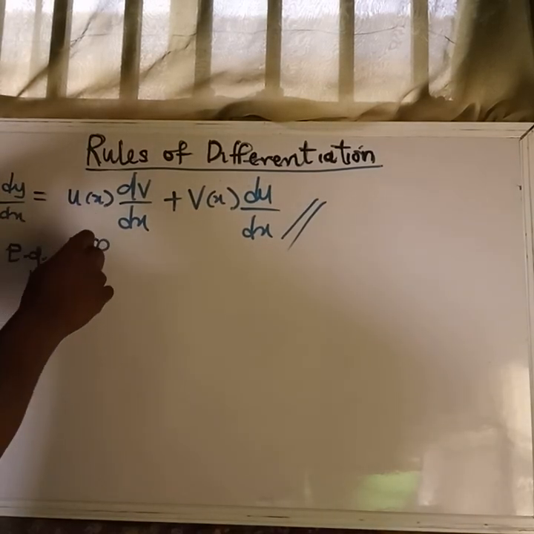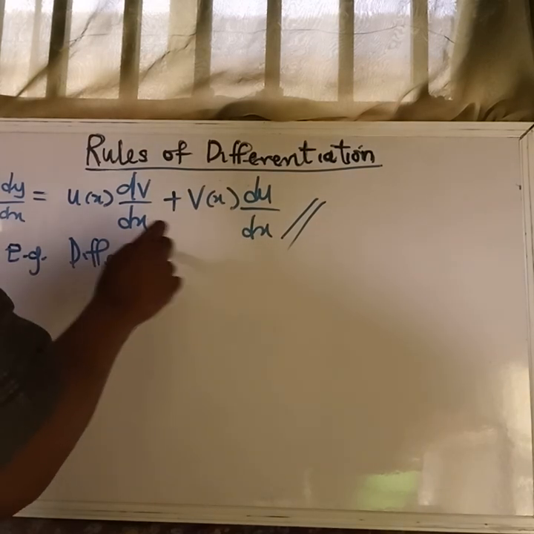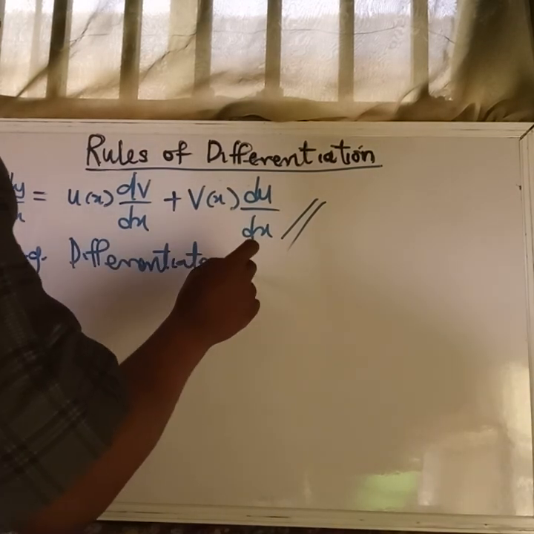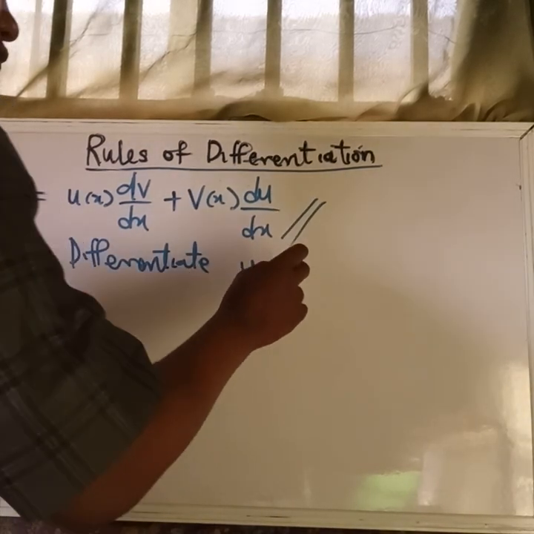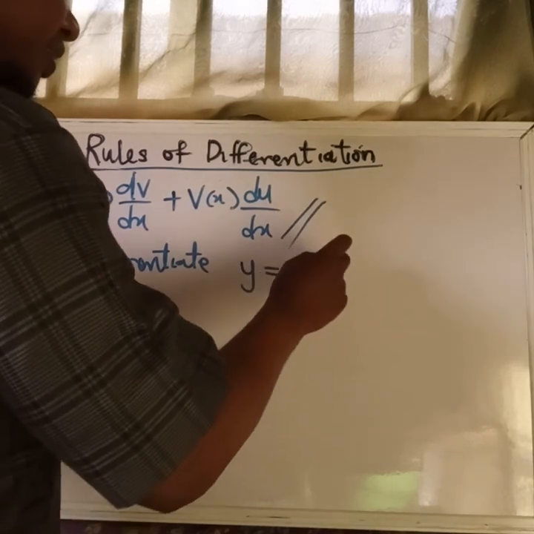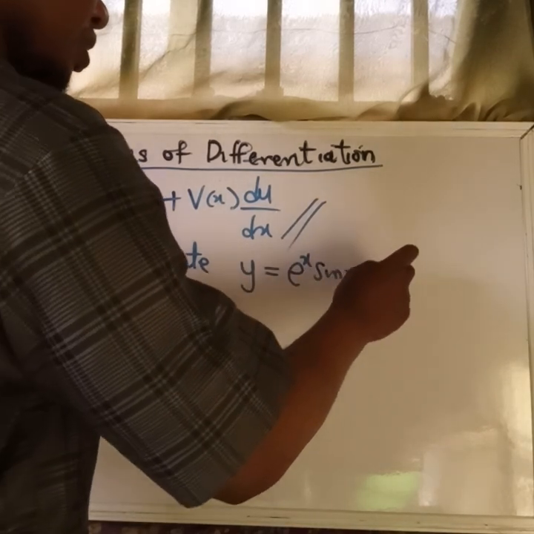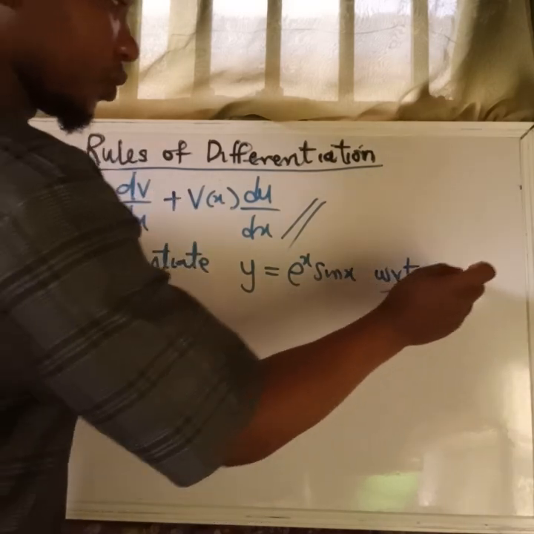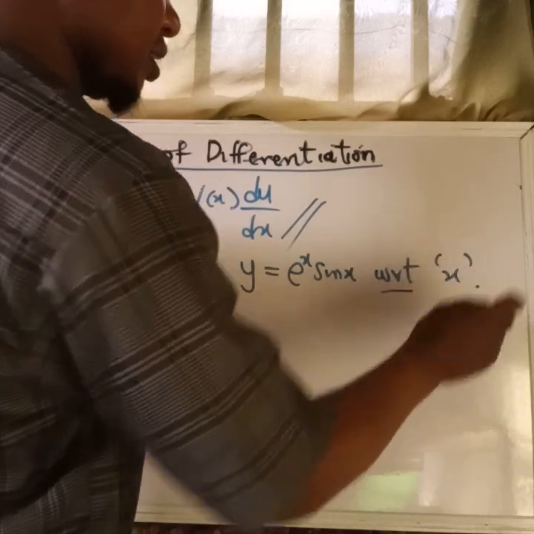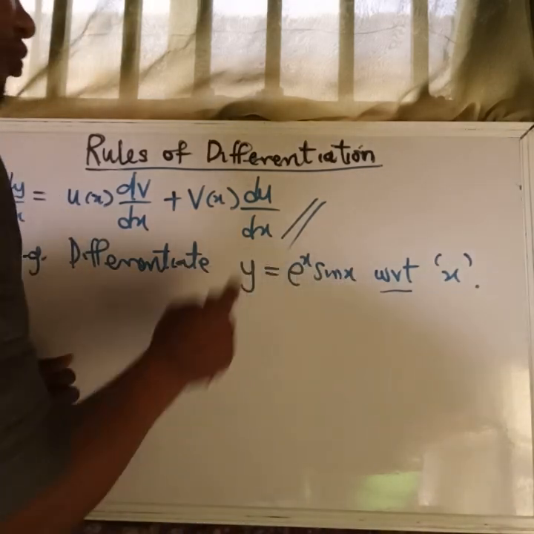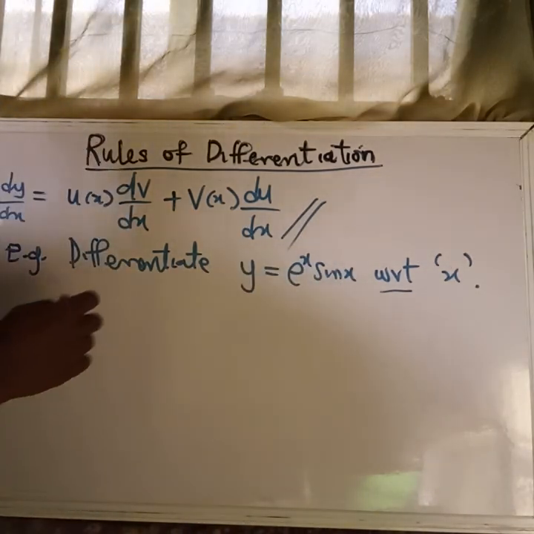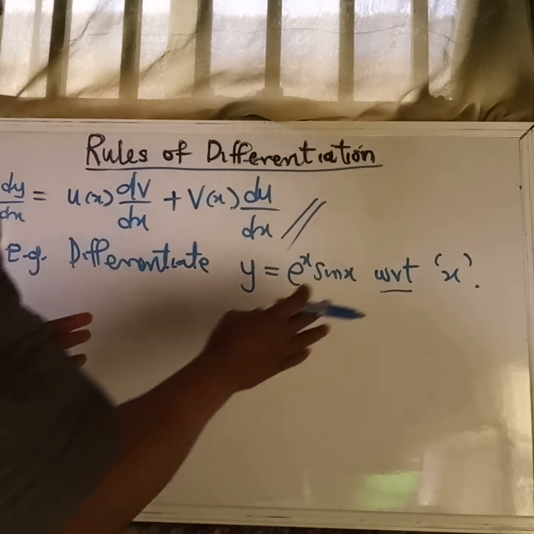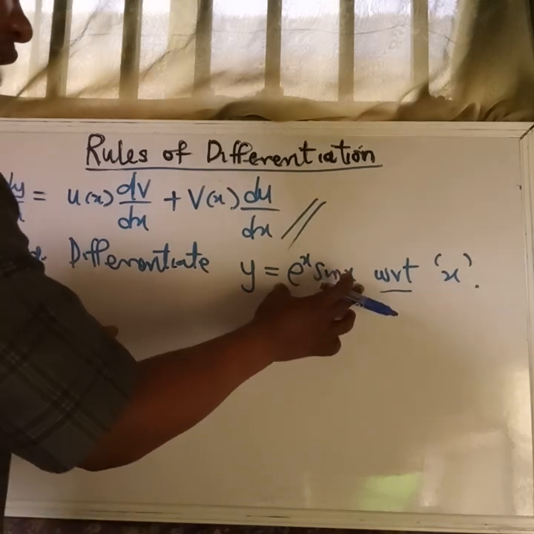If you are asked to differentiate y equal to e to the x times sine x with respect to x, that is, the argument here is x, so we want to differentiate this. Accordingly, you will see that this is a product of two terms.